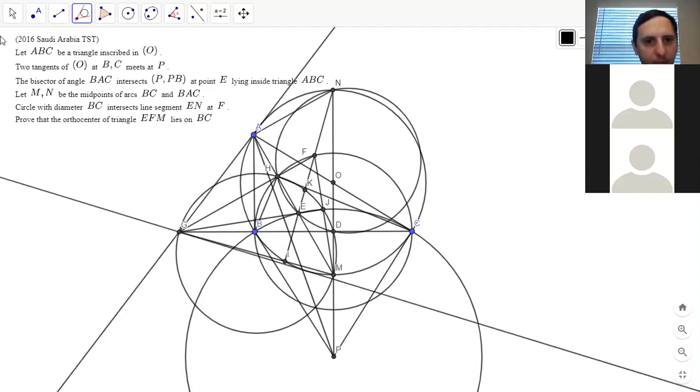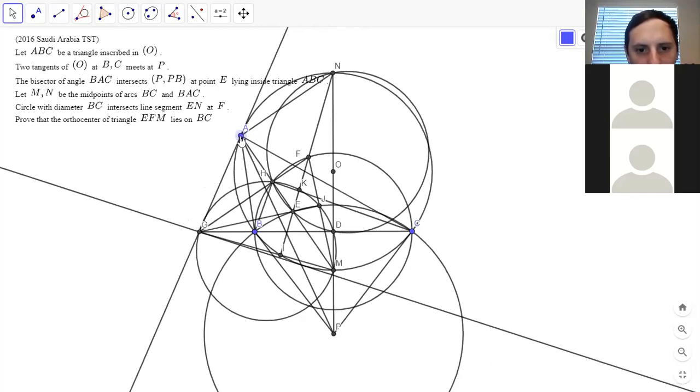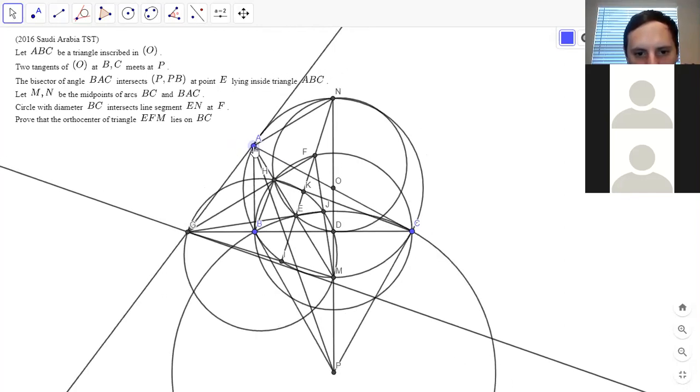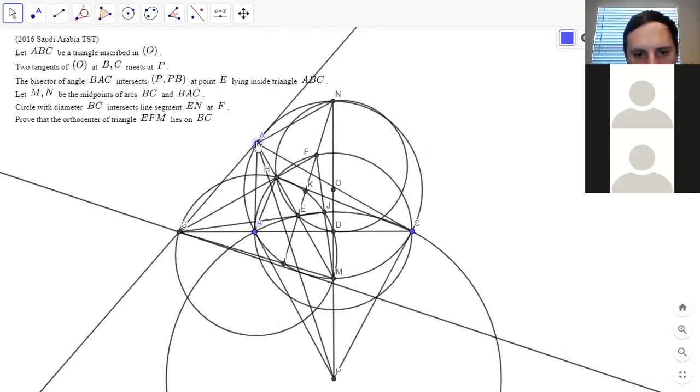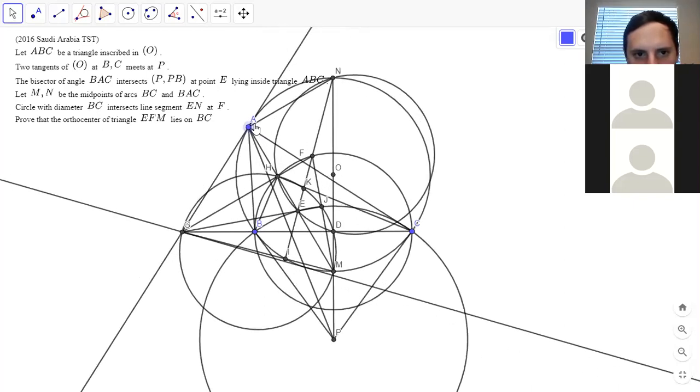Oh, is GA tangent to the circle? Oh, I think once we know that, things might get a little easier. So it looks like GA is tangent to the circle, at least I think.